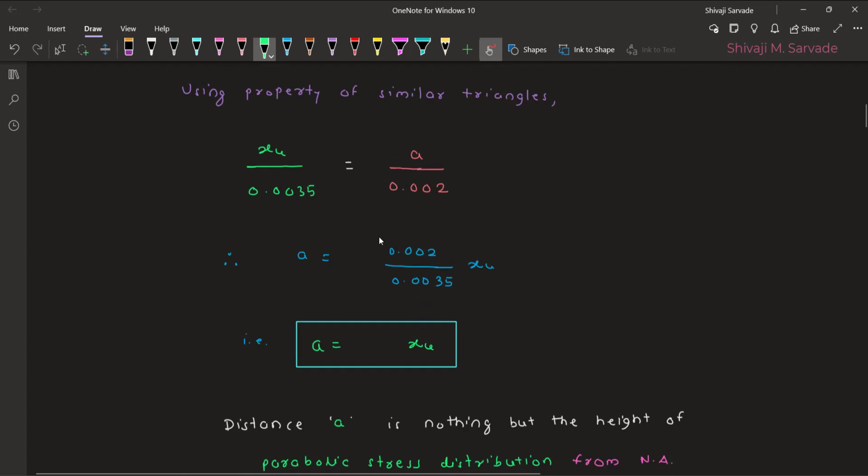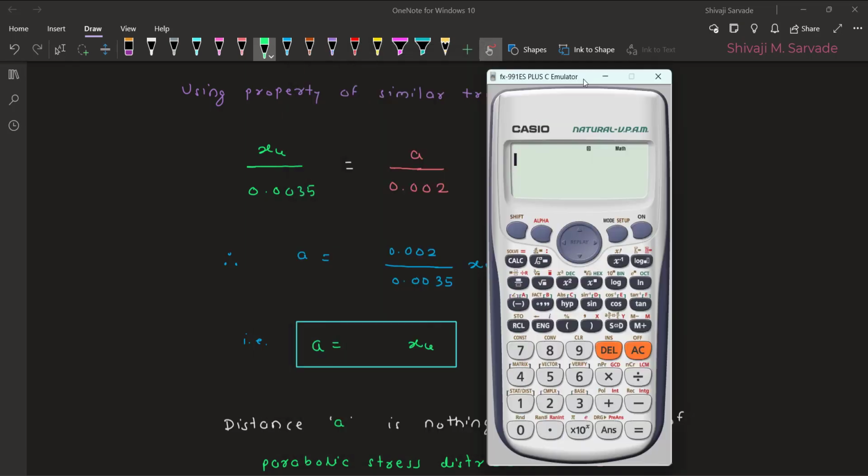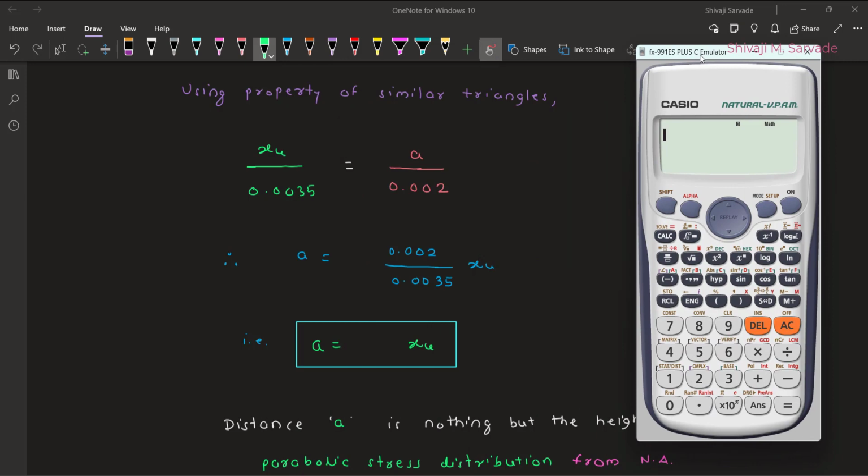Now I'm interested in getting the value of A, so I can switch the 0.002 to the right hand side and rewrite. So I have 0.002 into XU divided by 0.0035. Let's use the calculator and see what we get. First of all, let's get the fraction.